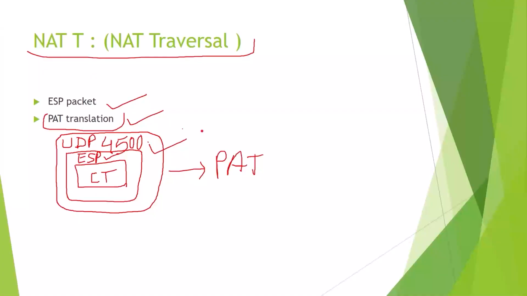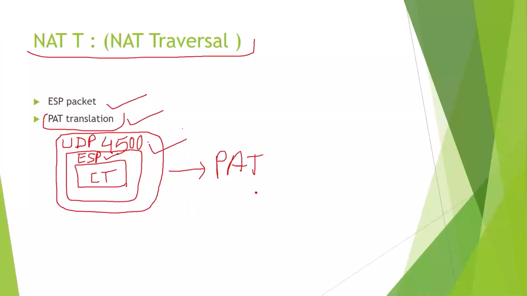So whenever the return traffic comes, it is easily able to send the response back to the exact sender that initially sent it out. This makes life easy for the traffic to go to and fro.